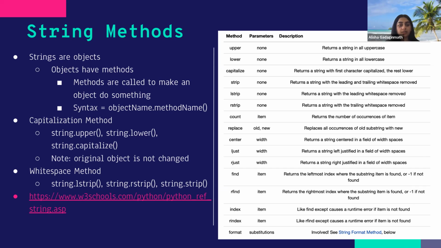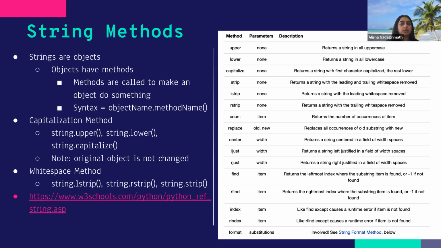There are three capitalization methods: the upper method, lower method, and capitalize method. The upper method will return a string in all uppercase. The lower method will return a string in all lowercase. And the capitalize method will return a string with the first character capitalized and the rest lowercase. But note that the original string will not be changed. Instead, a modified string will be returned.